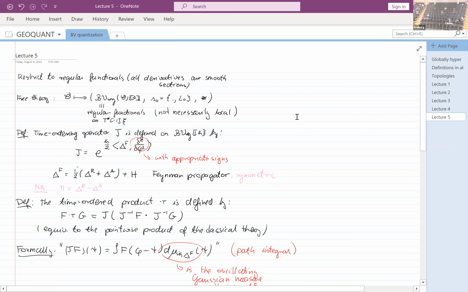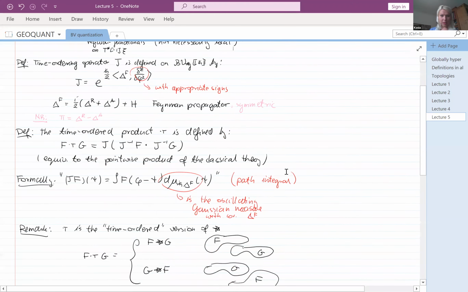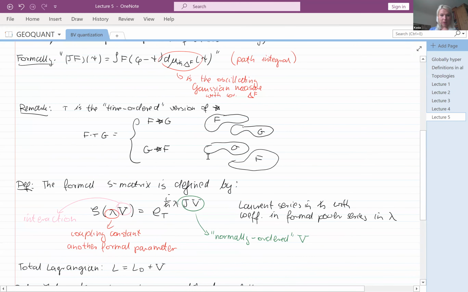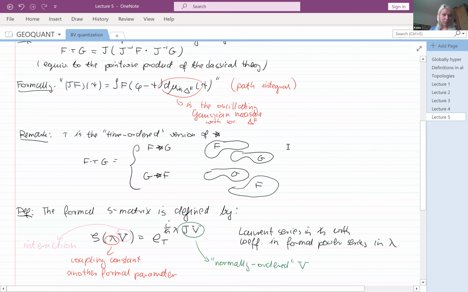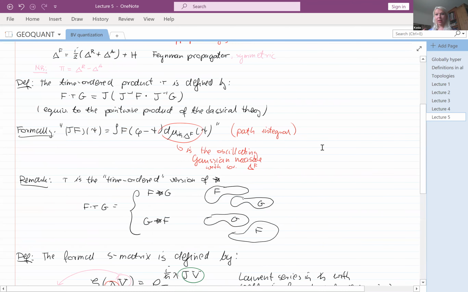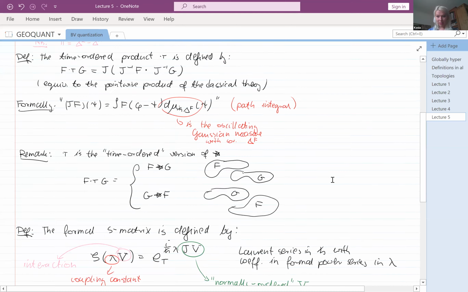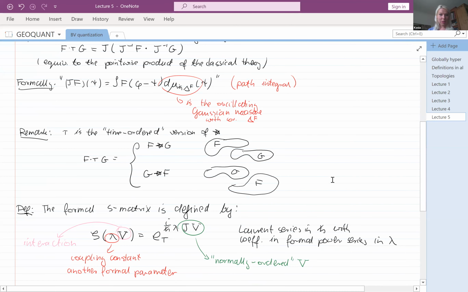So will anything still be globalized? Oh yes, yes, yes. These things can be defined globally. But they preserve that causal neighborhood. But they're well defined globally. So both the star product and the time ordered product.